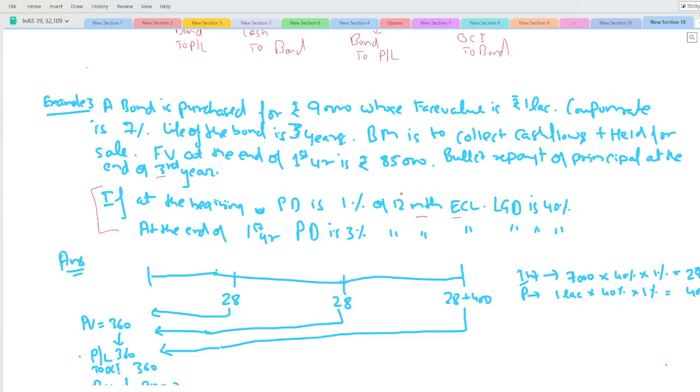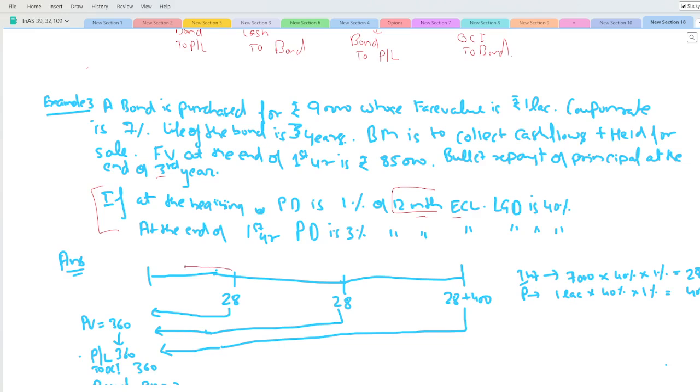Okay. So there is this concept of 12-month ECL and lifetime ECL. 12-month ECL means, suppose this bond's life is 3 years, correct? I've made the picture here: this is the first year, second year, third year. Don't focus on the amount, I will explain. So what does 12-month ECL mean?